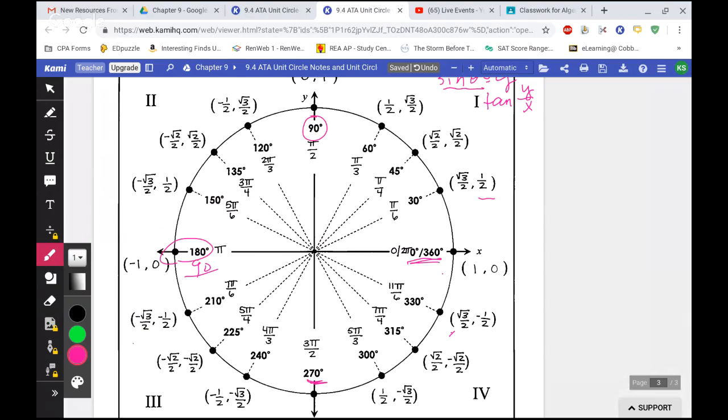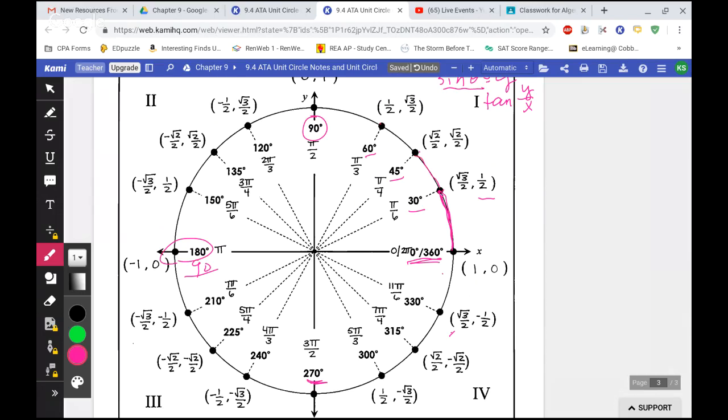Okay. So then once you get your quadrantal angles filled in, what I would do next is know that there's always this bigger space right here between 0 and this one. So it jumps to 30, then goes by increments of 15 twice. So you've got 30, 45, 60 right here.